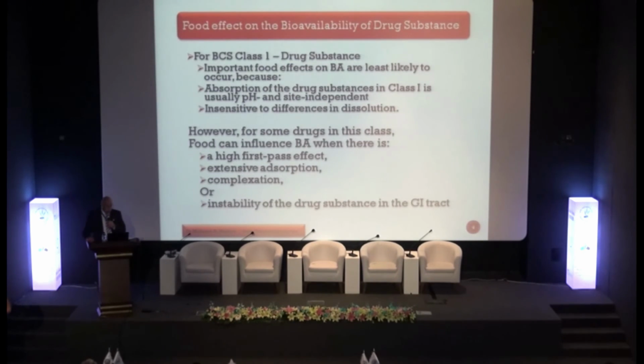However, there are certain things we have to consider, and I'll tell you an example. Other factors have to be taken into account even for BCS class 1, for example high first-pass metabolism, extensive absorption, complexation, or instability of the drug substance in the GI tract.